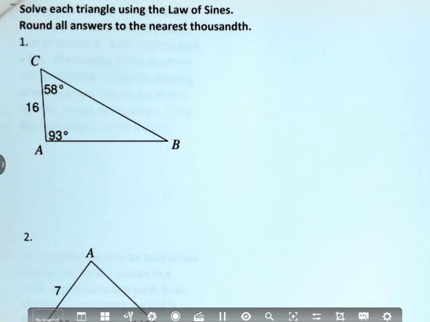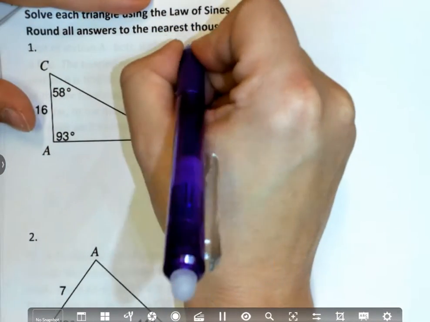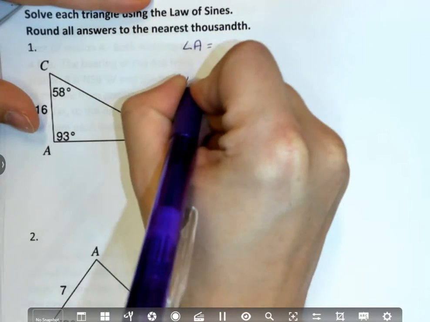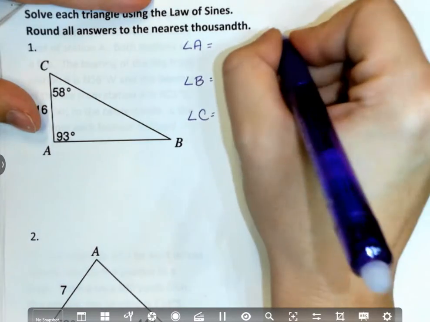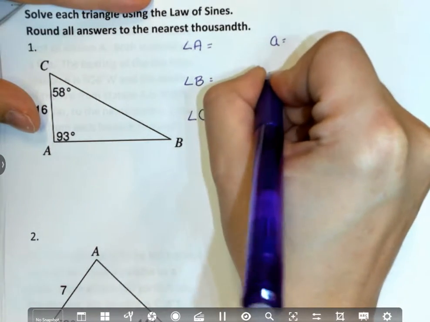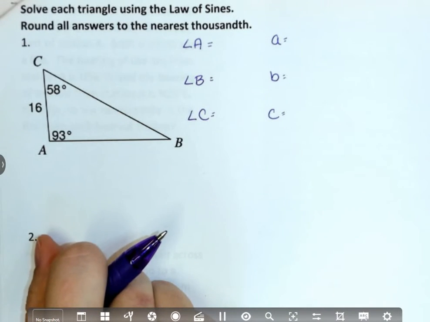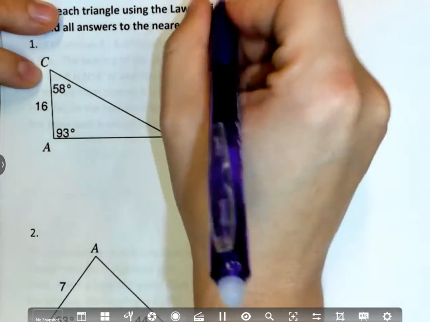What I typically do with law of sines is this. I say I'm going to have 3 angles. I'm going to have 3 matching sides. Some of these I already have. I have that angle A is 93 degrees.